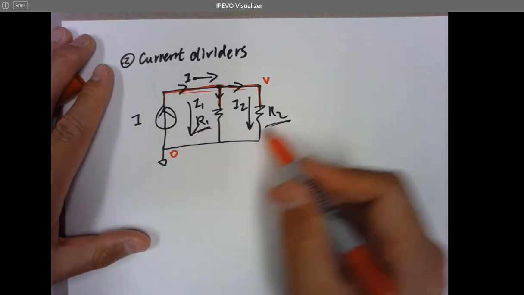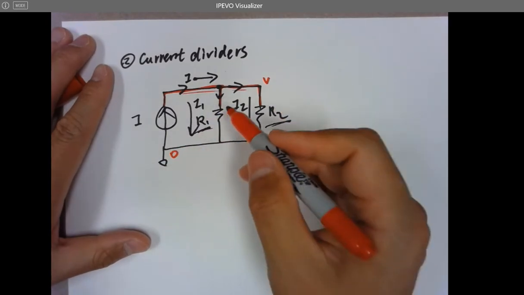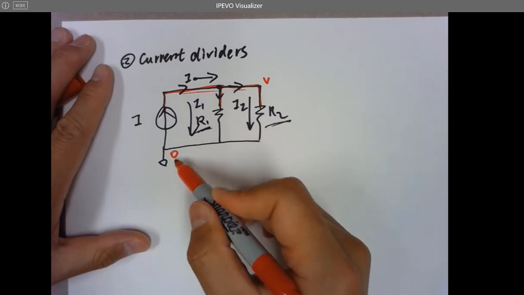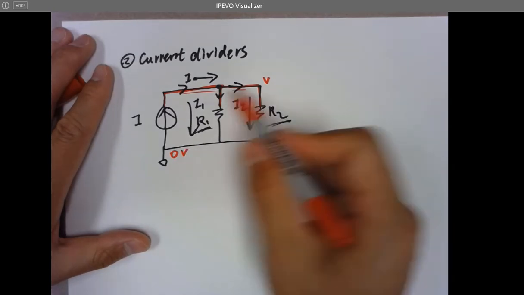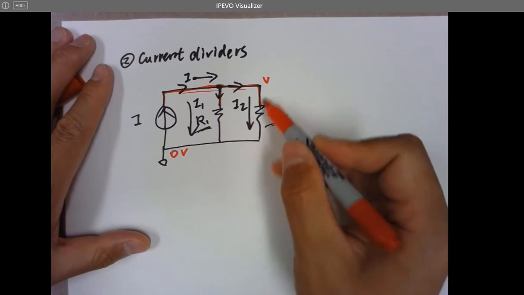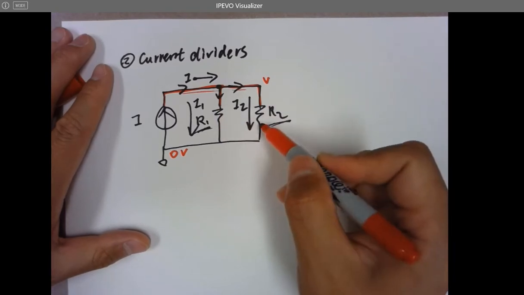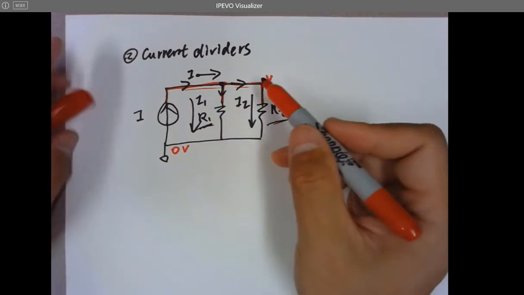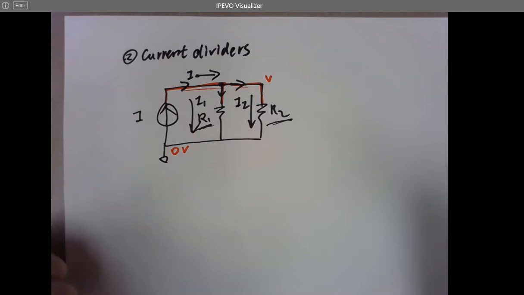So this entire circuit only has two voltage nodes: one is V, one is 0 volts. The V is created by the voltage drop across these two resistors, but they have the same V on the top. Make sure you understand this concept first.